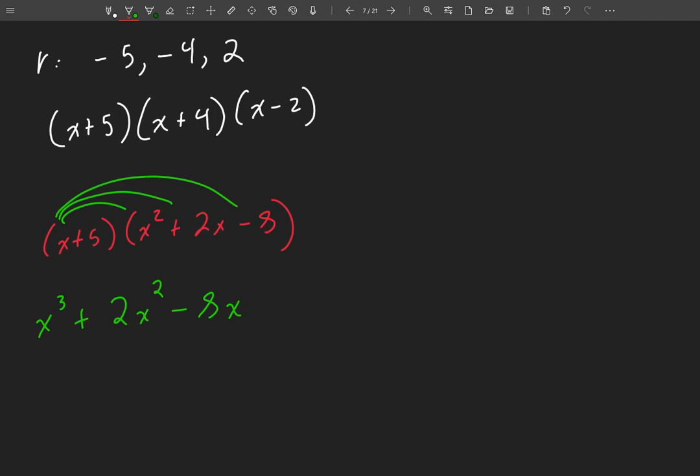And now I'm going to work with the second one. It's the same exact thing as you would do with the simple quadratics, but you have an extra term there. Now I'm going to do 5 times x squared. That's a positive 5x squared. 5 times 2x, that's 10x. And now 5 times -8, that is -40.